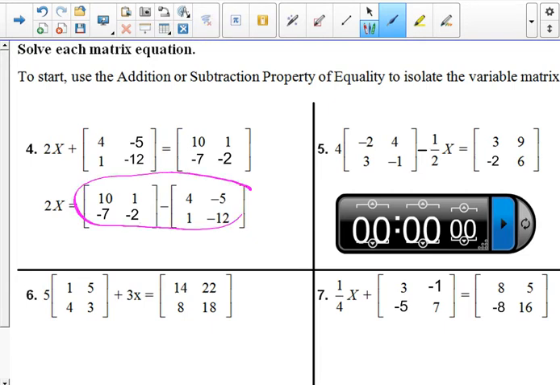So do that now. So you should get 6, 6, negative 8, and 10.